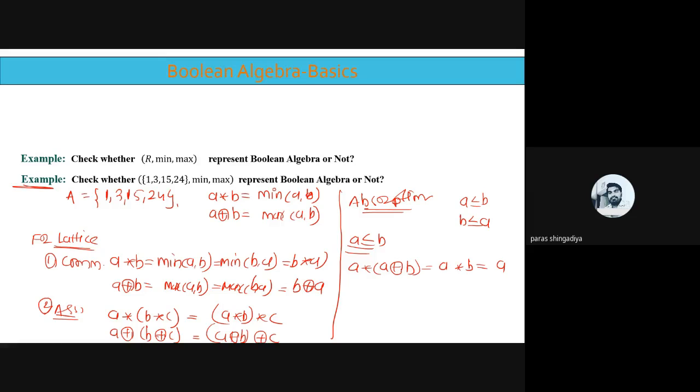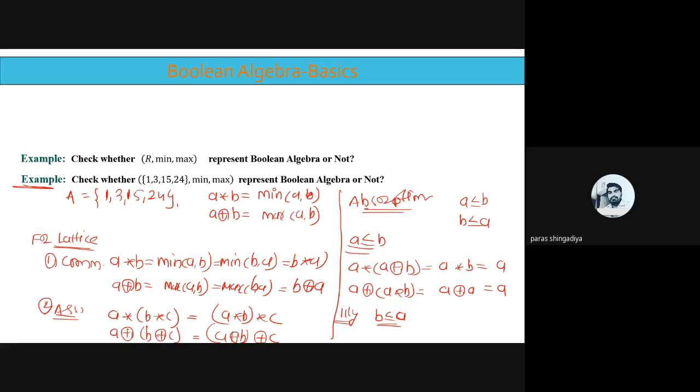Clear? And similarly for the second one, A ring sum A star B: A star B is equal to A here, so A ring sum A is also equal to A. Clear? Similarly you can try the other case, which we already discussed in the theory of lattices. Just try it by yourself.